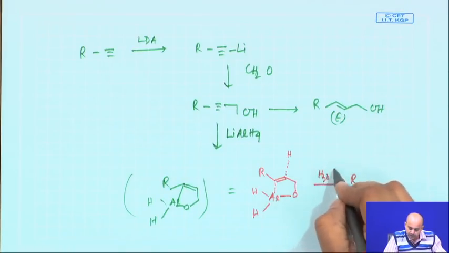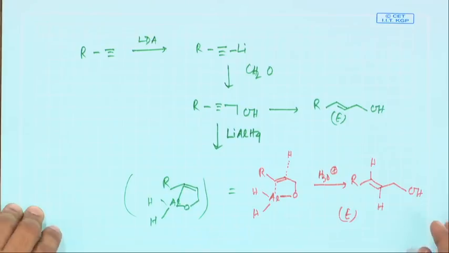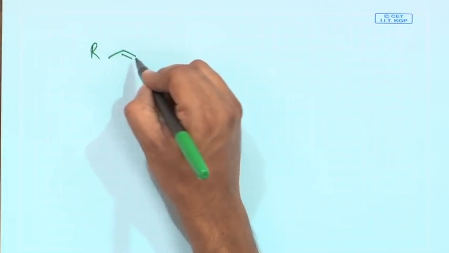If you do an aqueous workup, you end up with this allylic alcohol, where these hydrogens are E or trans to each other. So, in principle, the last reaction is also a very important reaction.